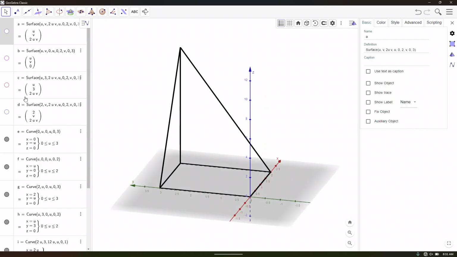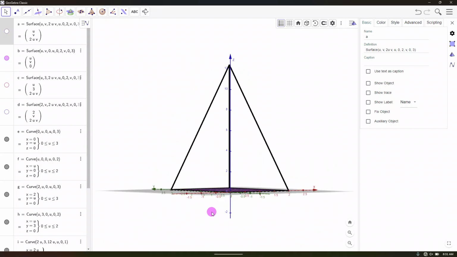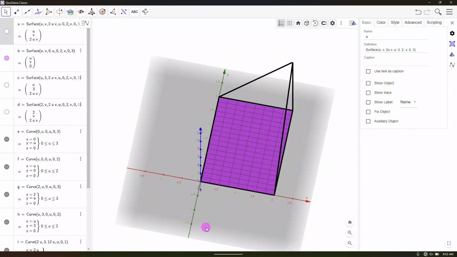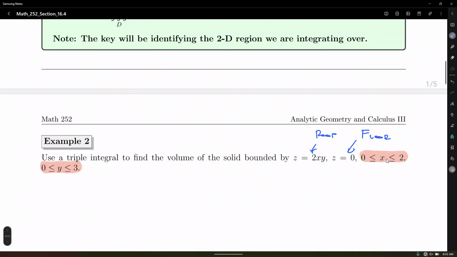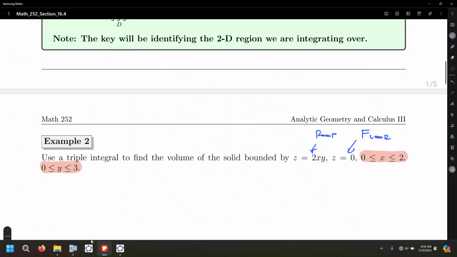I have these parametric equations to create the armor of the solid here. So that's the base of the solid. That's what we obtain with these inequalities I highlighted with pink right here.